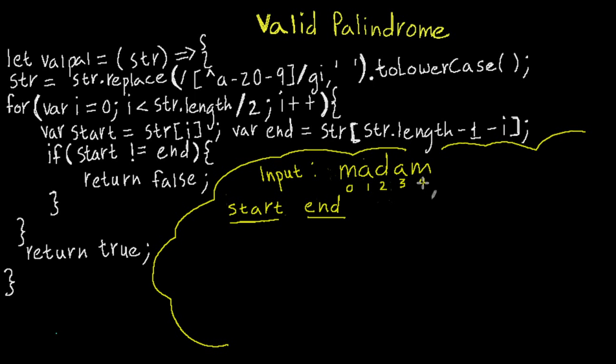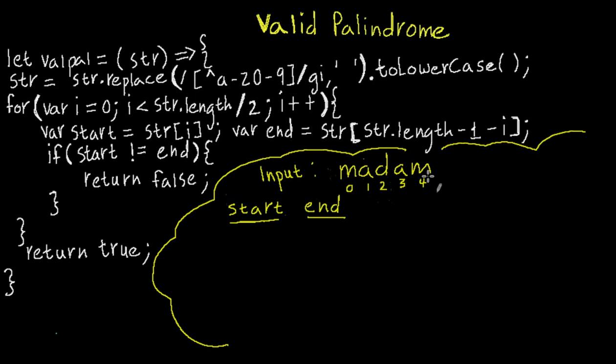Start increments forward and end decrements backwards, and their aim is to meet at the midpoint. They act like a coordinated pair, like, hey, do we have the same thing? Yes. And then they both proceed one more step until they meet each other at the midpoint.